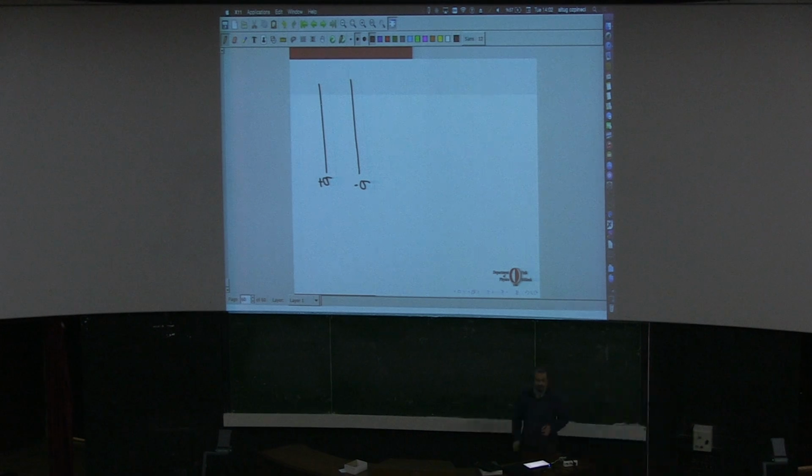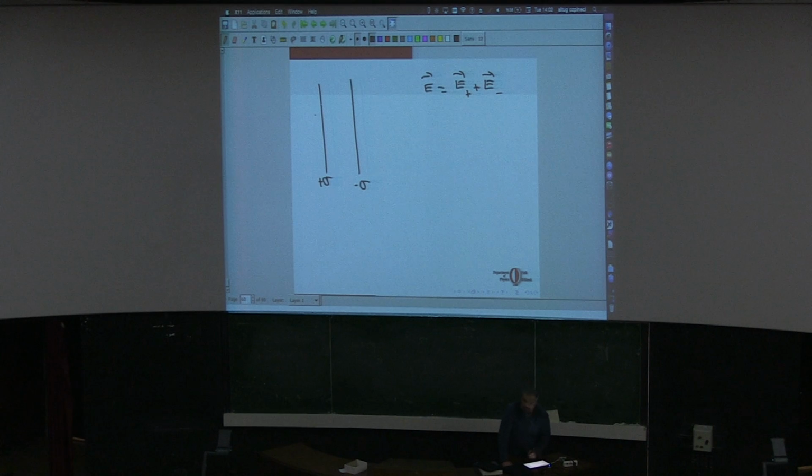We had already seen the superposition principle, which says that if you have two different charge distributions, they will each be creating their own electric field, and at a given point, the total electric field will be the electric field created by both of them. So the electric field at any point will be the sum of the electric field created by the positive charges plus the electric field created by the negative charges everywhere.